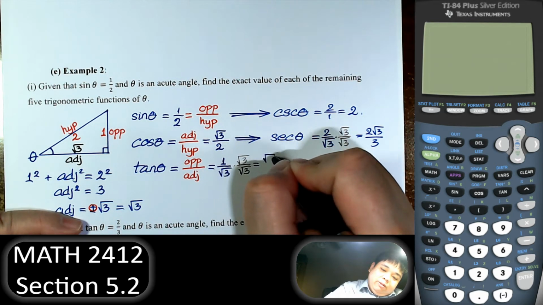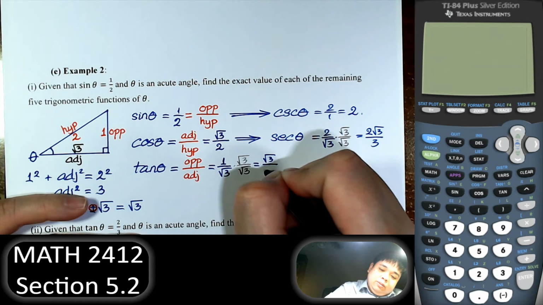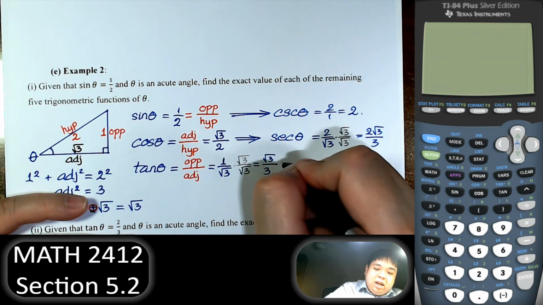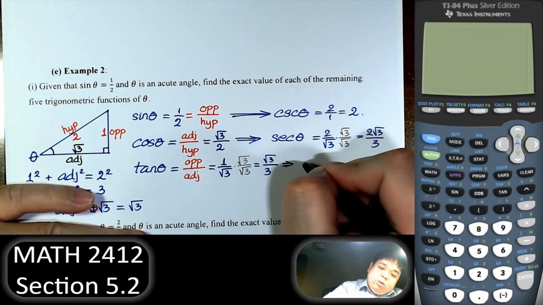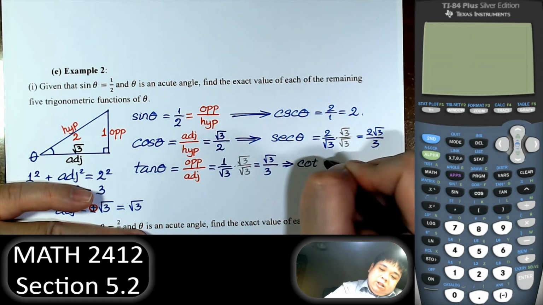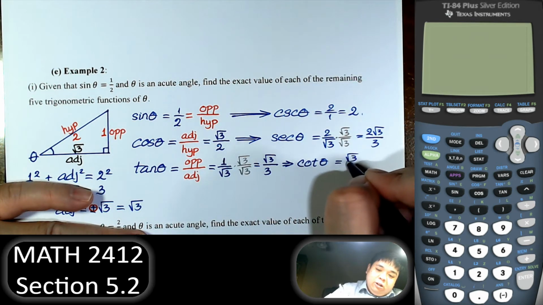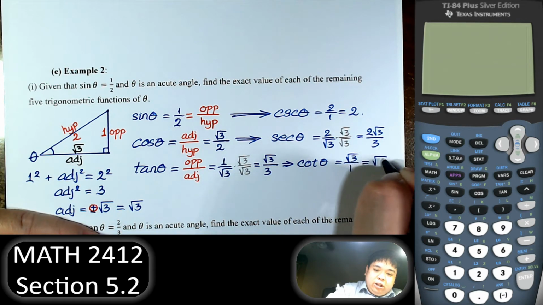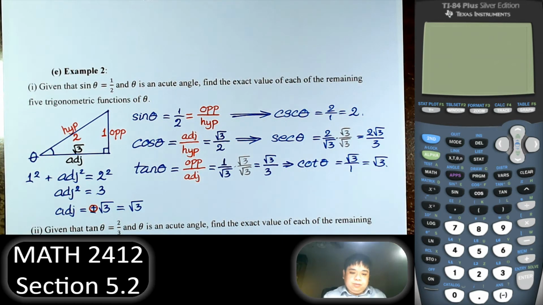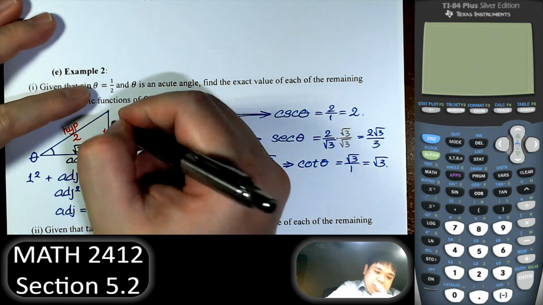So we have 3 at the bottom instead. So tangent, reciprocal of tangent is cotangent. So we're going to flip the square root of 3 over 1, or just square root of 3. Right. So that's what we have.